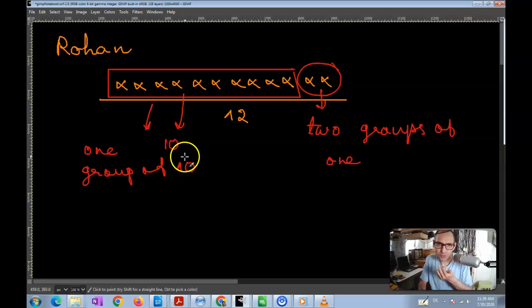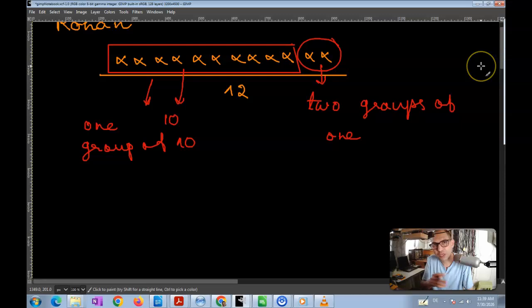Now back then, when there was no number system, there was nothing, people used to keep track of things using a system like these, for example using small sticks, or a small line.